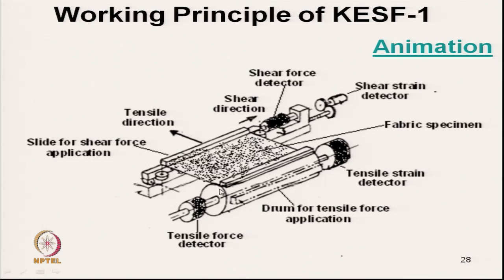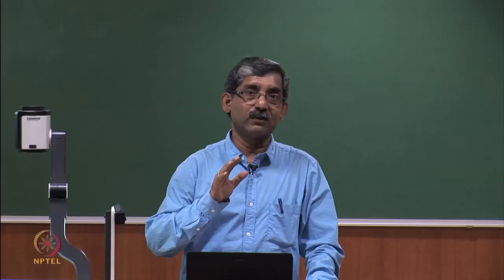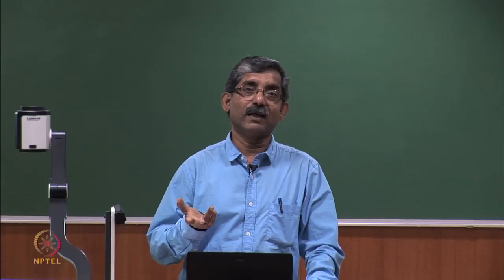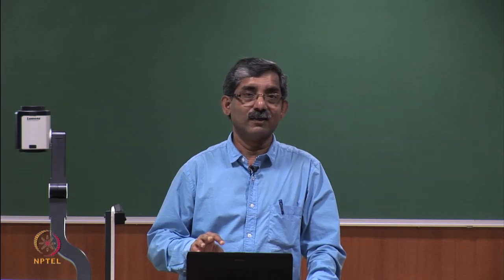Similarly, once this instrument works on sliding mode, that is to measure the shear, in that case the drum will be stationary. So, one should remember in this instrument, although we measure both tensile and shear, they are not simultaneous.